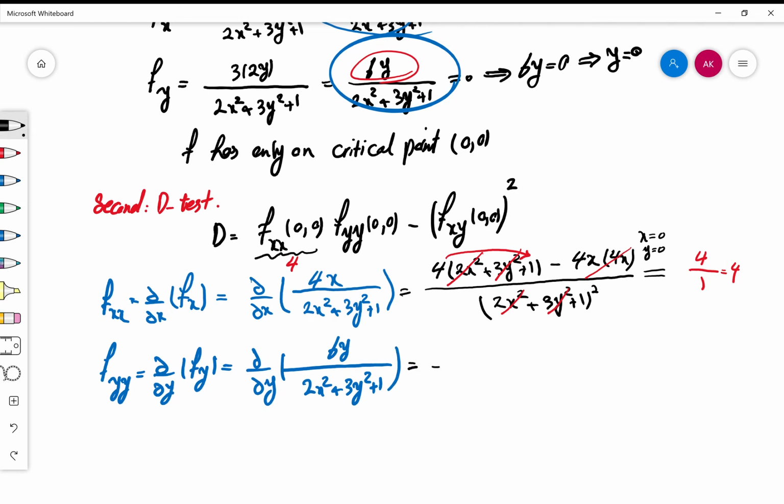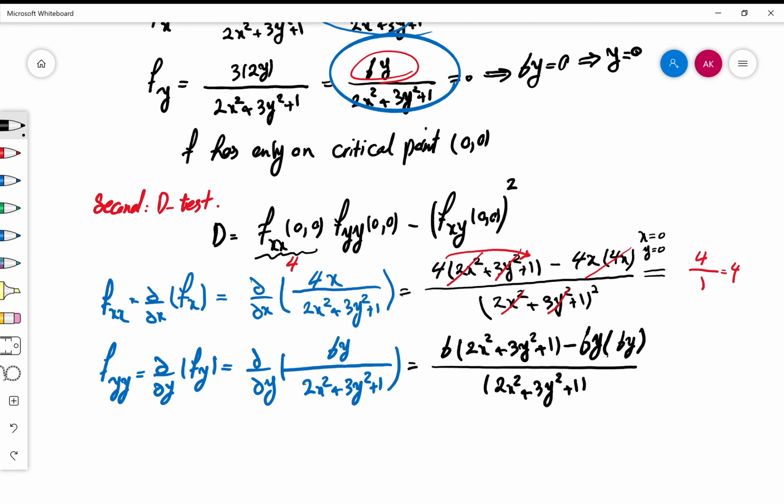That gives 6 times 2x² + 3y² + 1, minus 6y times the derivative of the denominator with respect to y, which is 6y, all over 2x² + 3y² + 1 squared.